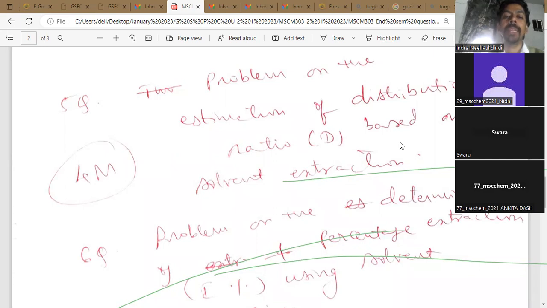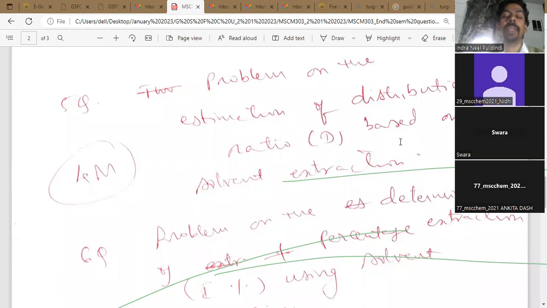I showed you in the revision session also. Please look at the formula and the problem. It is a very simple problem, but it is practically very useful. So in Kopker, towards the end of the chapter on solvent extraction, you have the formula to calculate D. And this problem is also present there.